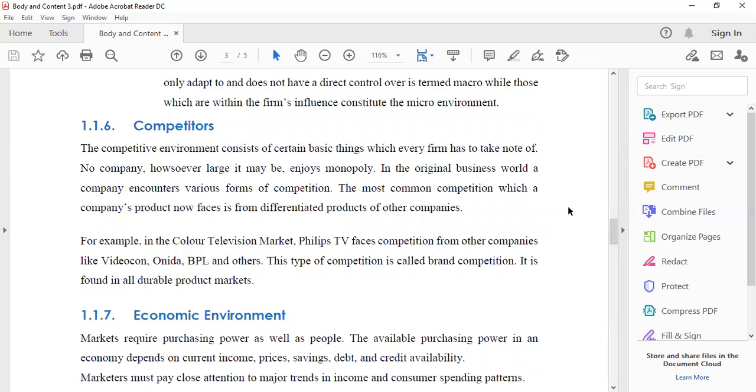Also, in the macro environment, we have the competitors, the competitive environment. As always, businesses need to monitor the activities of competitors, because these competitors, you struggle for the same market with, you need to know what they are doing.